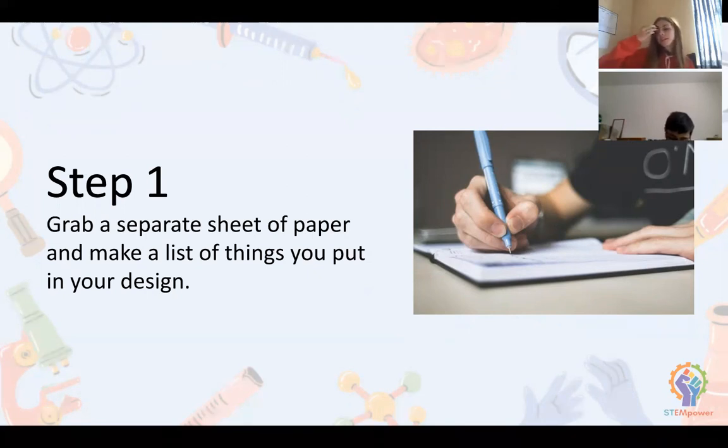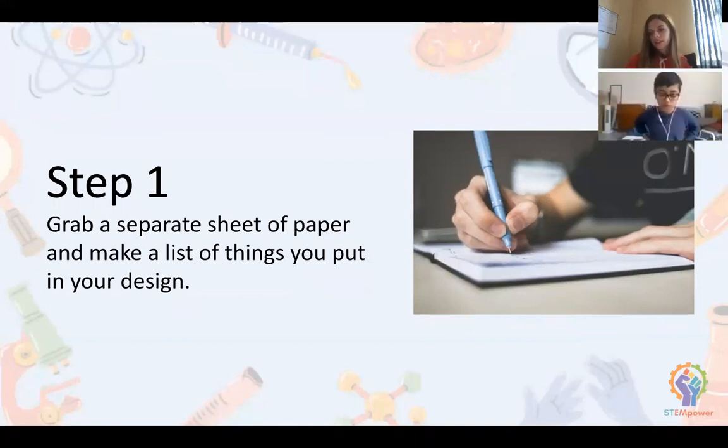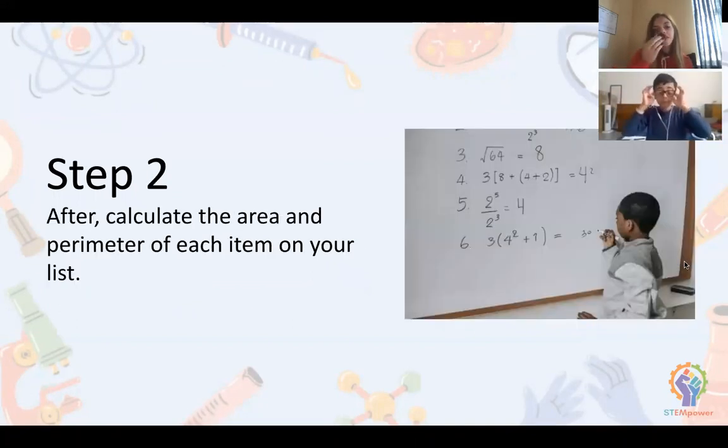Okay, and since we're running out of time, we only have to list 5 of the items. And so we can finish the activity. And then now you're gonna have to calculate the area and perimeter of each of the items on your list. So you only have to do it for 5 of them. Okay. And if you need help with any of the formulas, I can go back to the slides.